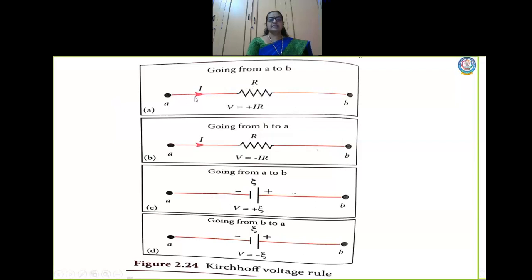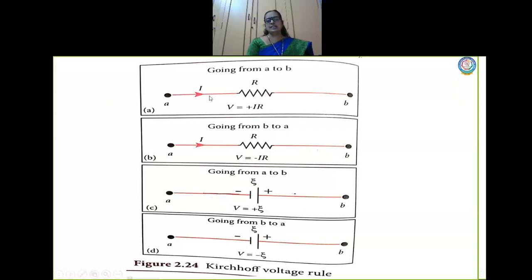Now the direction of current is along this, that is, this is point A and this is point B. If the direction of current is from point A to point B, then when the current is passing through this resistance, you know that current always flows from higher potential to lower potential. So this end of the resistance is at a higher potential and this end is at a lower potential.